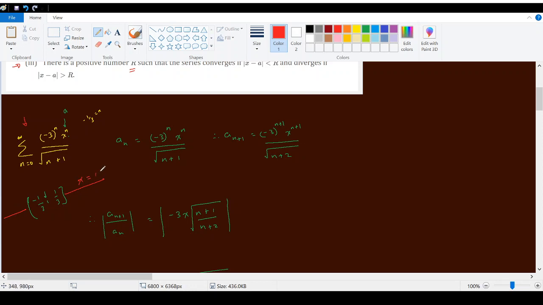Say for example, if we substitute x equals 10 in this series, that is this one, 10n plus 1. So at once we can say that the series will diverge because x equals 10 lies outside this interval of convergence.